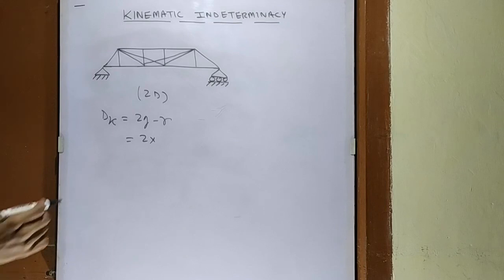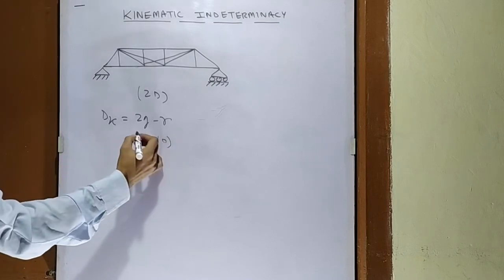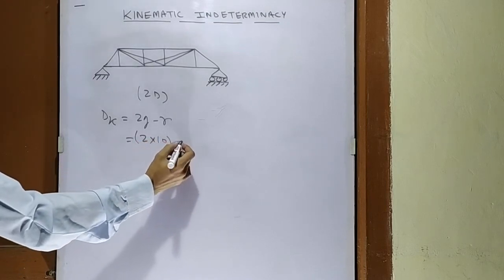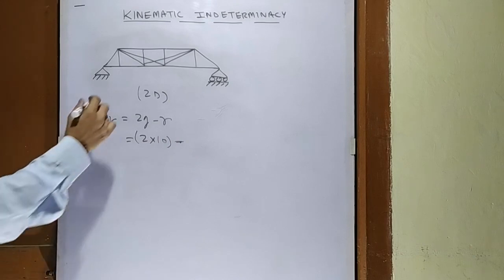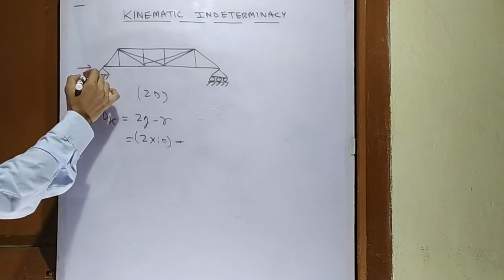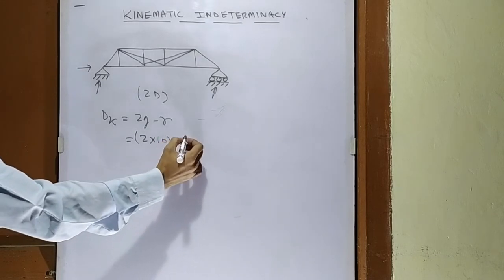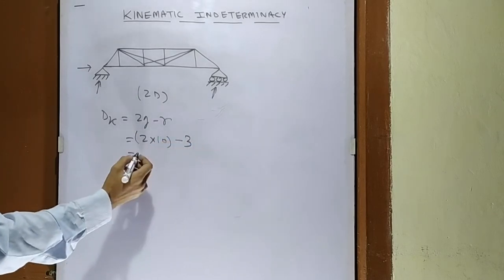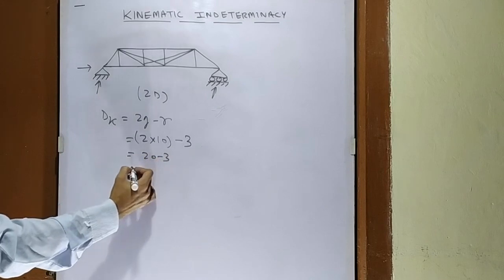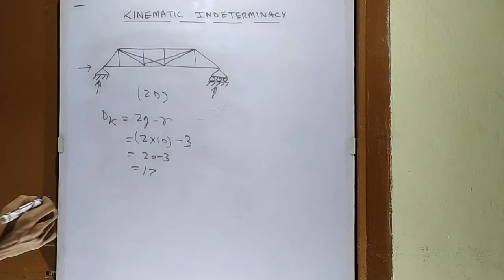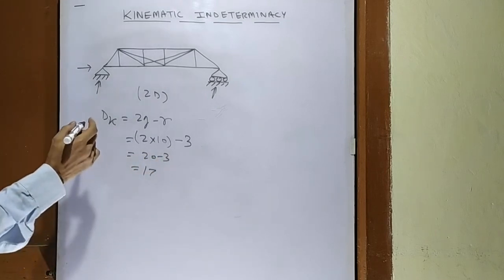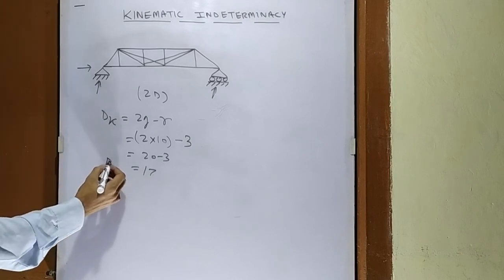So the number of joints in this structure is 10, and what is the number of reactions available? The number of reactions available is 3, 2 at this pin support and 1 at this roller support. We can just multiply 20 minus 3, it will be 17. So the degree of kinematic indeterminacy for this particular truss is 17.